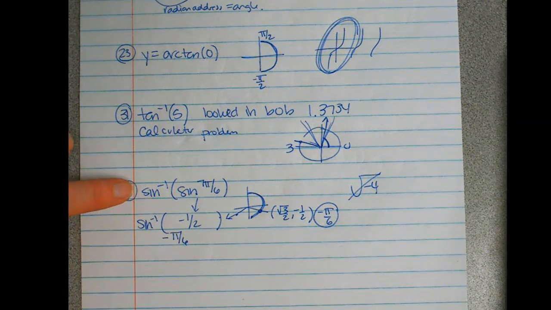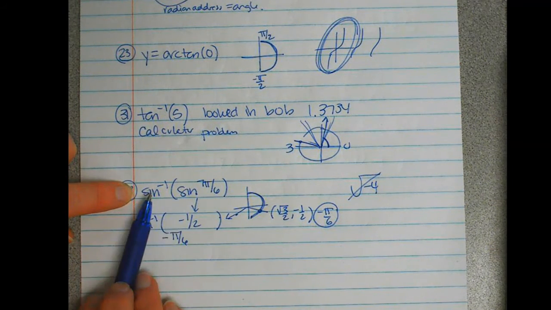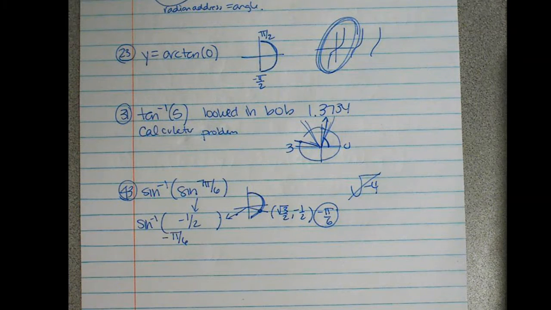This is the trickiest kind because 7 pi over 6 is not in the domain for sine inverse. If they're in the domain, they just cancel. But if they're not in the domain, they can't cancel. Does that make sense? It's harder, but yeah.